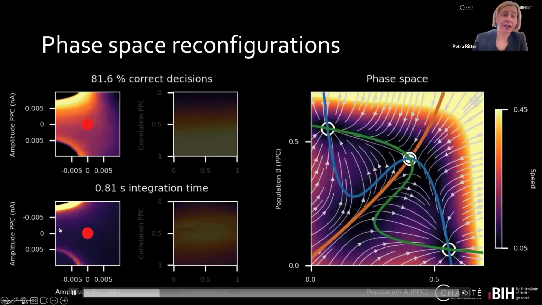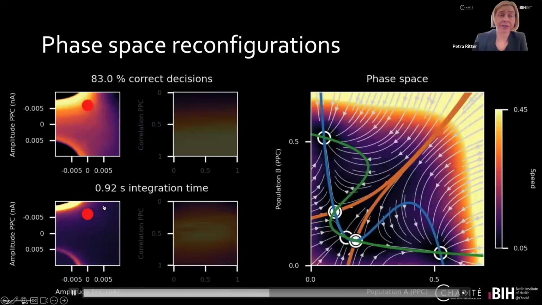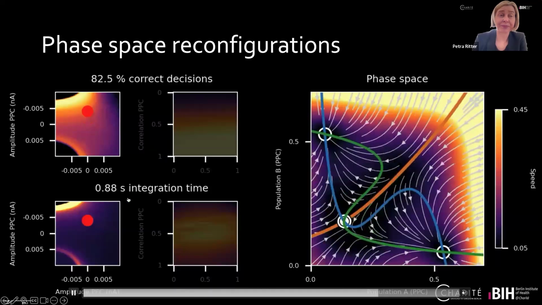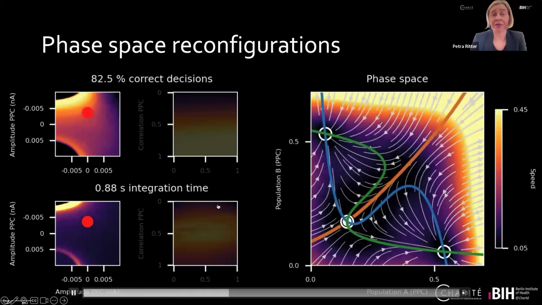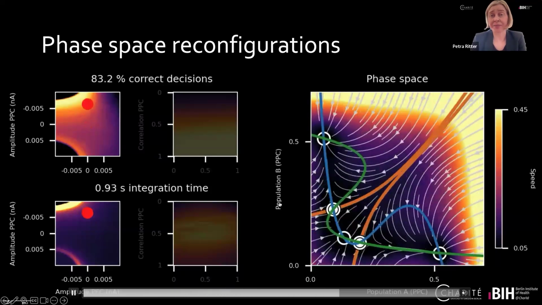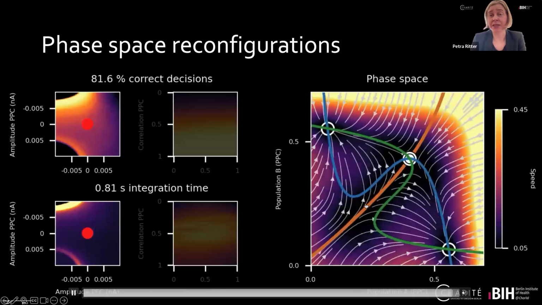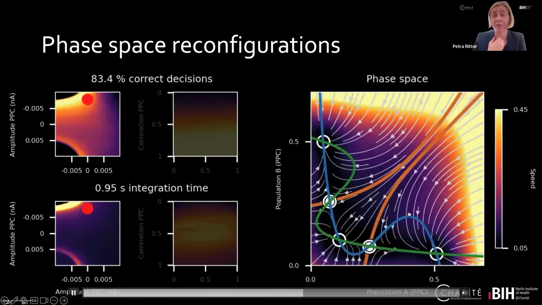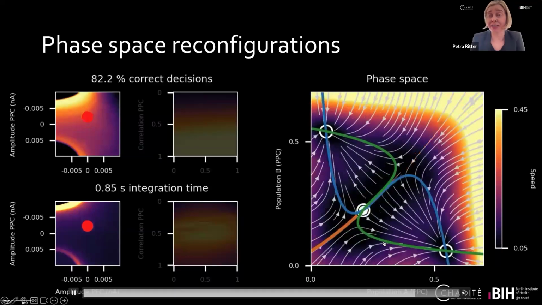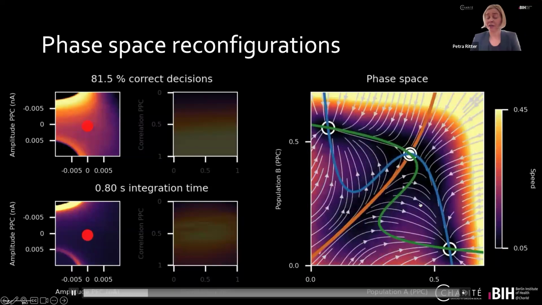How does this amplitude that drives a node relate to the integration time or the reaction time? And how is this actually explainable? This can be understood through the phase space, which I will show you in a moment in more detail, just to give you a first glimpse.